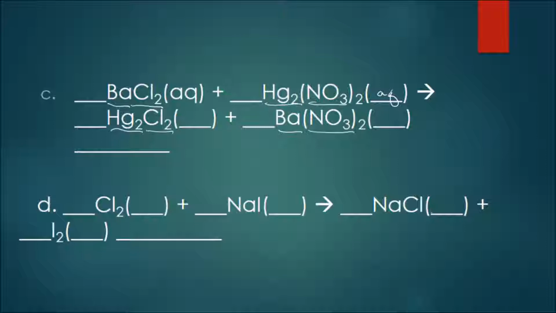And go to chlorides, and that's solid. Well, it's not my bad. That's just the chart is not as complete as we would like it to be. So go to chloride, and that's a solid. Go to carbonate, CO3, and that's a solid. Go to hydroxide, and that's a solid.